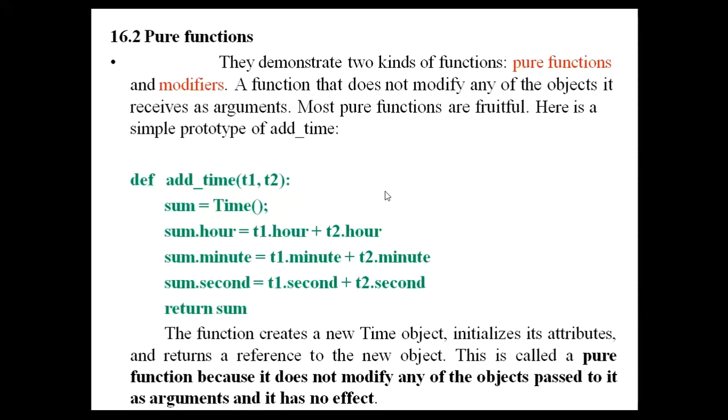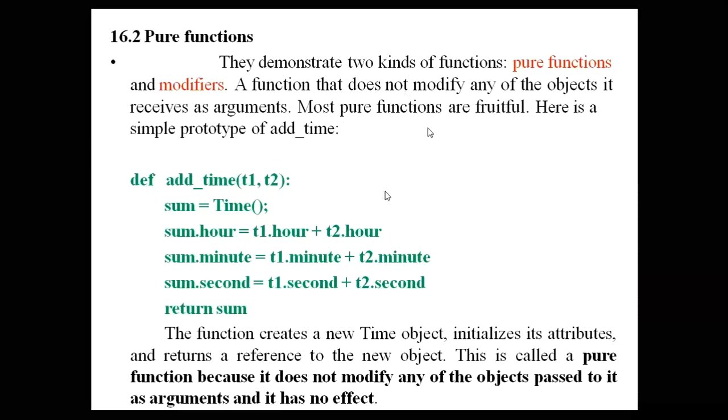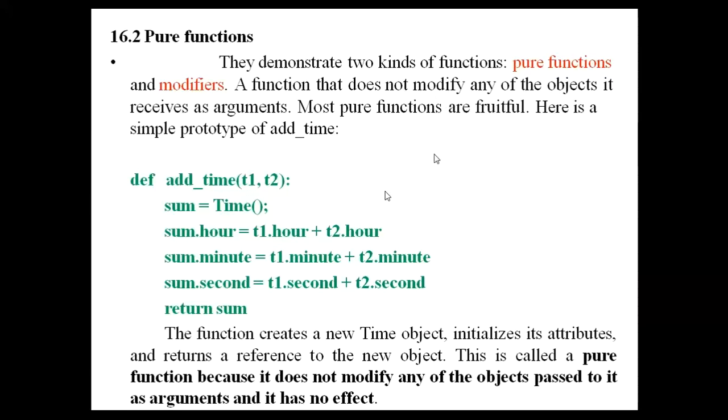That type of function we call a pure function. And most pure functions are fruitful. The meaning of fruitful is nothing but that most of the time these pure functions are going to return some values.